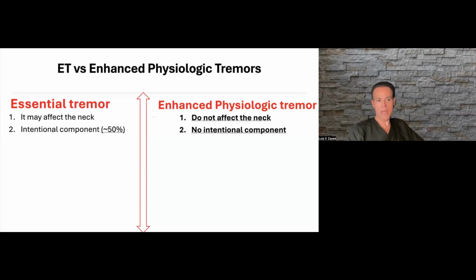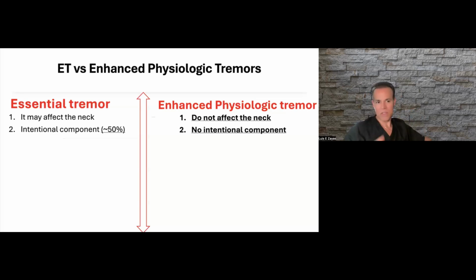This is what we call the intentional component that you see in patients with essential tremor and cerebellar tremor. In cerebellar tremor, the frequency of the tremor is lower, and it is a lot of proximal type of tremor, different from essential tremor, which is more distal.